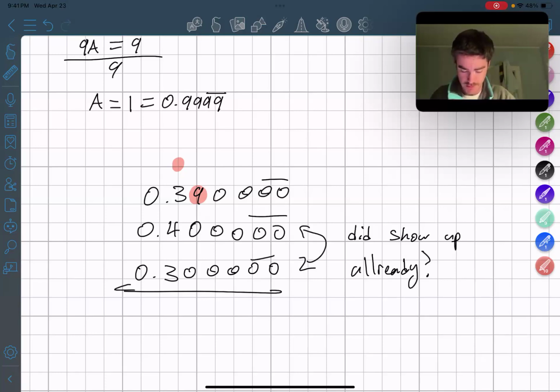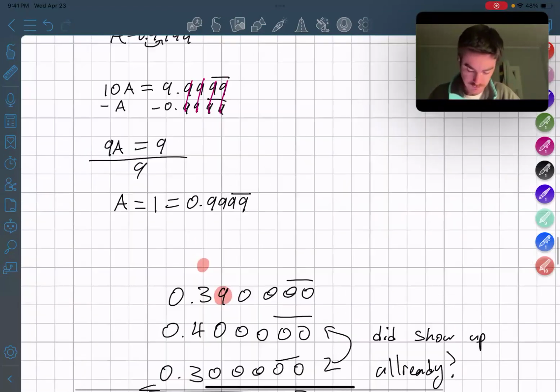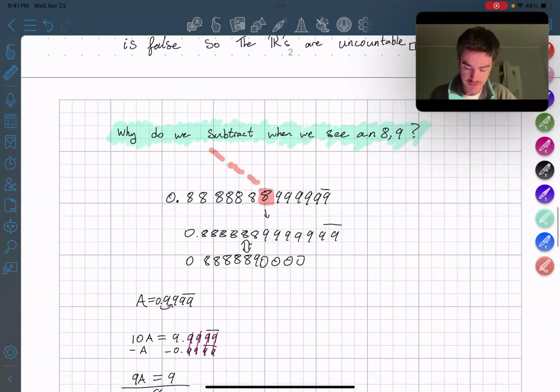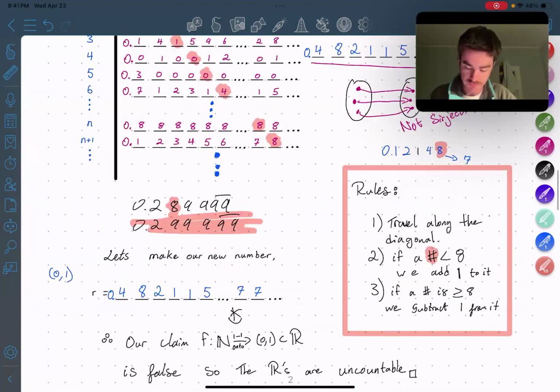And for that reason, it sort of also breaks down our big proof that if this is what I end up with, all of a sudden, maybe this number is in my mapping of the naturals to the reals. Maybe it's not, and I can't tell. Therefore, I can't really do my proof. And yeah, so that's an explanation on why we have this little subtraction rule.